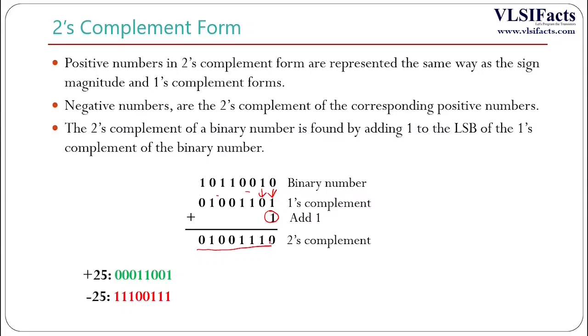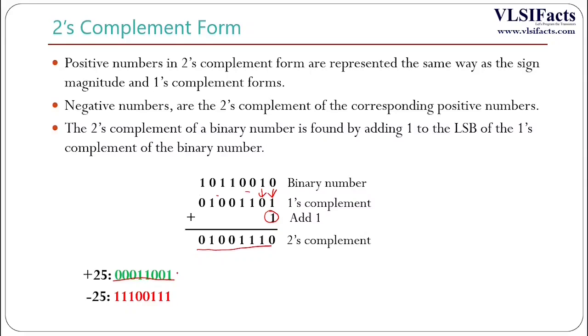Here also we will take the same example, that we will write down the 2's complement form of plus 25 and minus 25. As we have discussed, plus 25 will have the same representation, that is 00011001. But minus 25 will have a different representation in 2's complement form, that is nothing but 1 added to the 1's complement form.